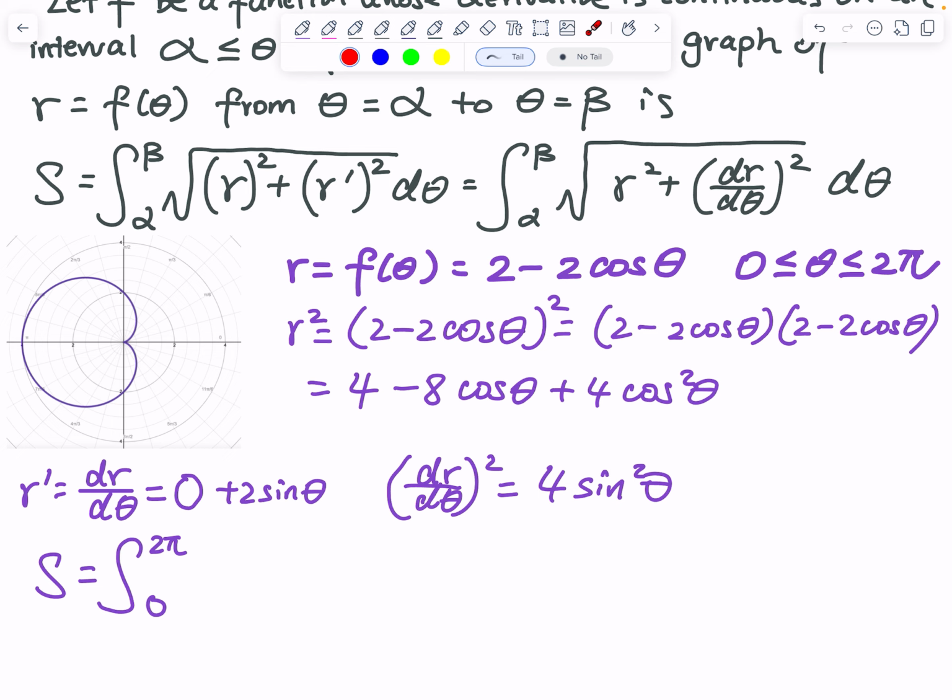In Desmos, you input r equals 2 minus 2 cosine theta, and then you go to the next line. The next line, you graph the same polar equation one more time, but you change it to a different color. After you graph a polar equation, underneath it they ask you to specify that theta is from where to where.